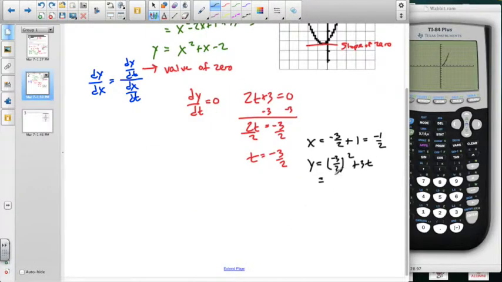So we're talking about 9 over 4, and I should plug that in here, minus 3 over 2, plus a negative 9 over 2. And of course the negative 9 over 2 is really a negative 18 over 4. So we're looking at negative 9 over 4 for our y. So we're talking about a horizontal tangency at minus 1/2, comma, minus 9 over 4, which would be 2 1/4.